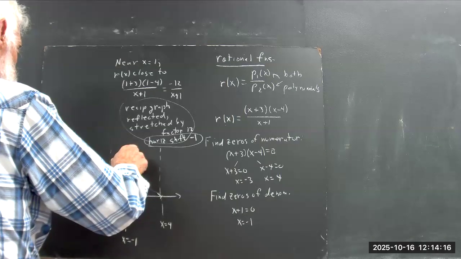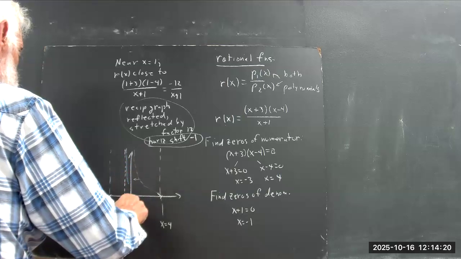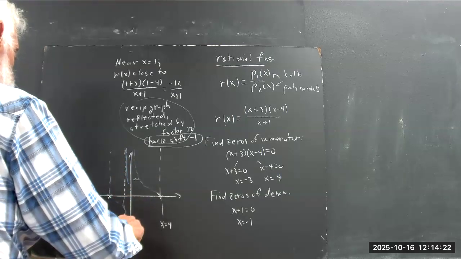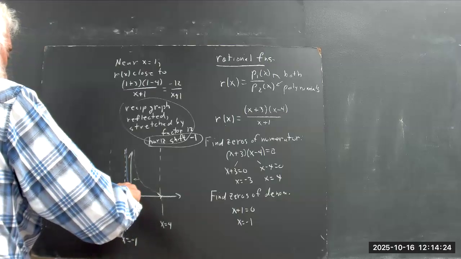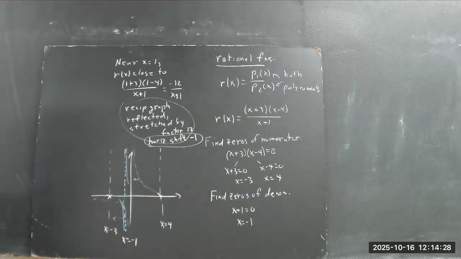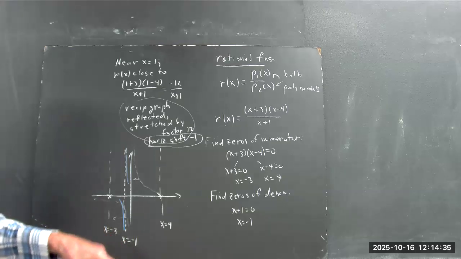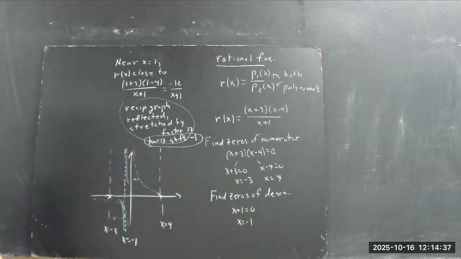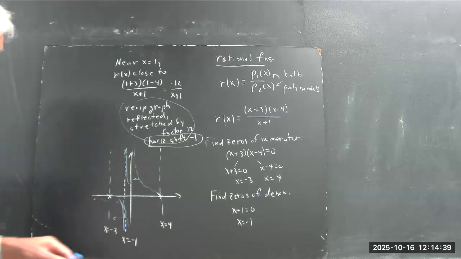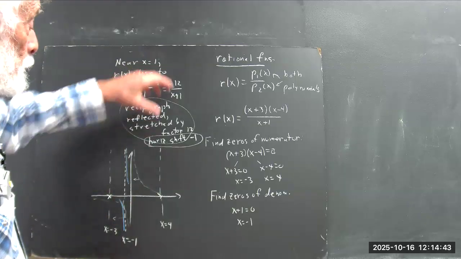And we get something that looks like this. Close to -1, now it's going to level off somehow, but that's a vertical asymptote at x equals -1. Does that make sense? Now you have to understand the whole shifting and stretching, the whole transformation.